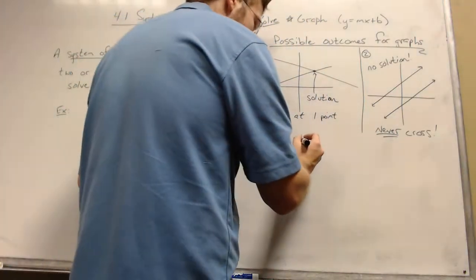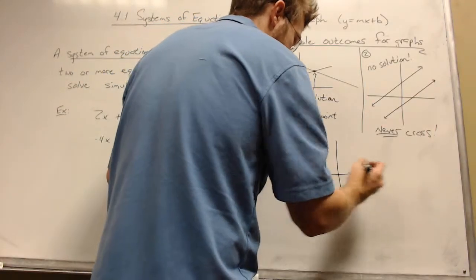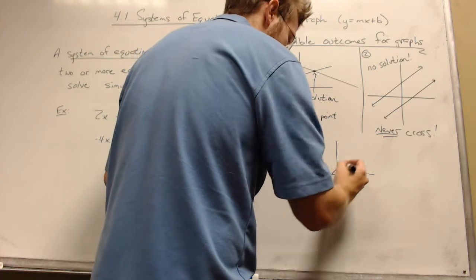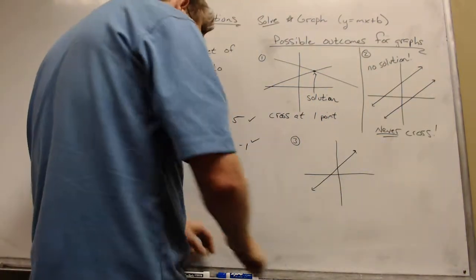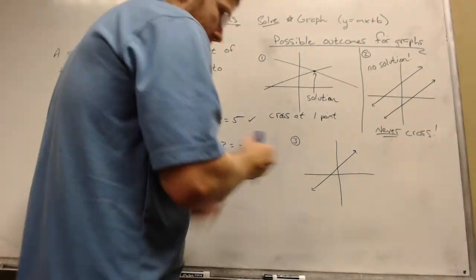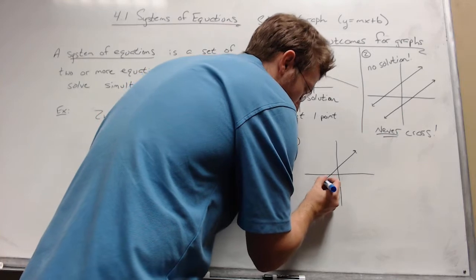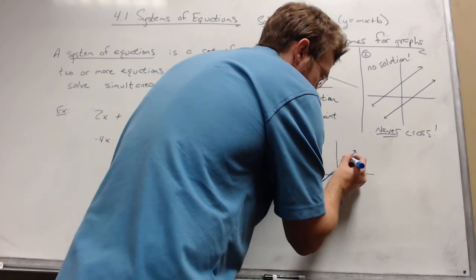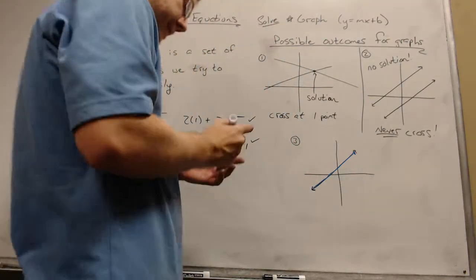And option number 3, which is the strangest of all, would be that, let me do this in a different color, both lines are in fact the same line.